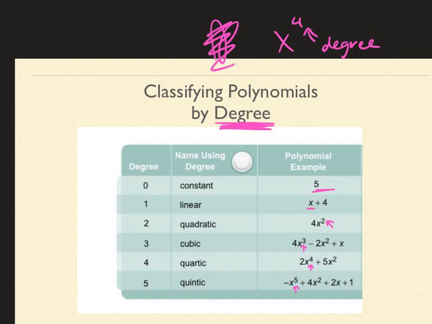So these are just all the names that we can classify by degree. And degree is that little exponent up top.